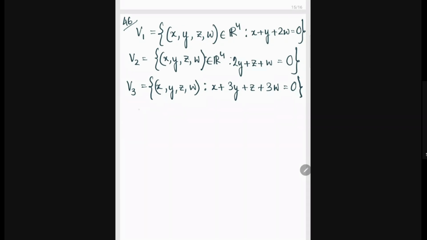What does it mean if x, y, z, w belongs to V1 intersection V2 intersection V3? Can anyone answer?